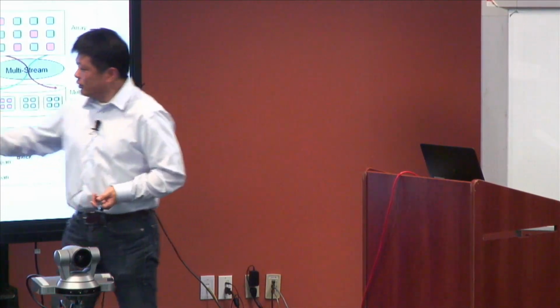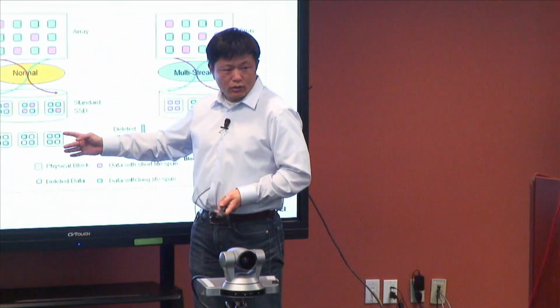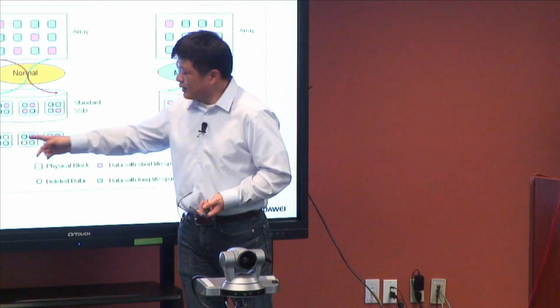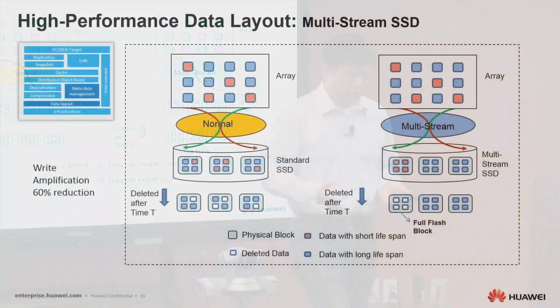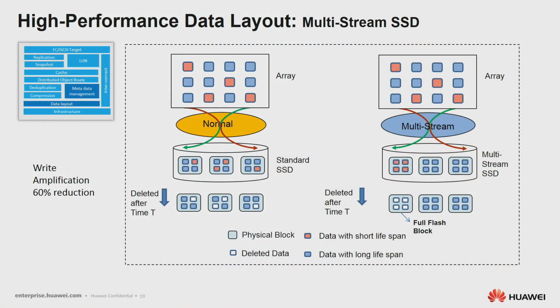So when you're looking at a particular time t, at which all the shorter lifespan data has expired, looking at the drive or the flash blocks, you can see that it is everywhere. So reclaiming them will cost more, trying to move the data around.